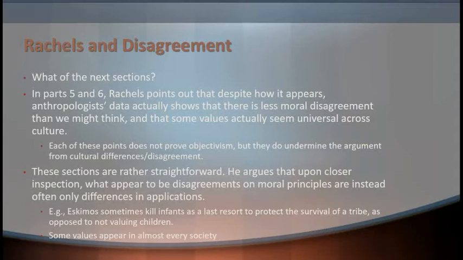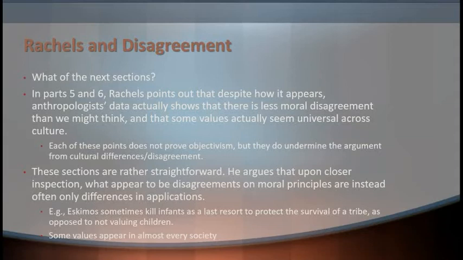And in fact, Rachels goes on to point out that different cultures not only don't disagree on things, but they share a lot of these values in common. See, the Eskimos still very much treasure their children, and killing infants is only a last resort. It's still very common, in fact more common, to give these children to infertile couples and to help spread around the burden of taking care of them. They want these kids to live, and they want human life to continue on as much as possible.